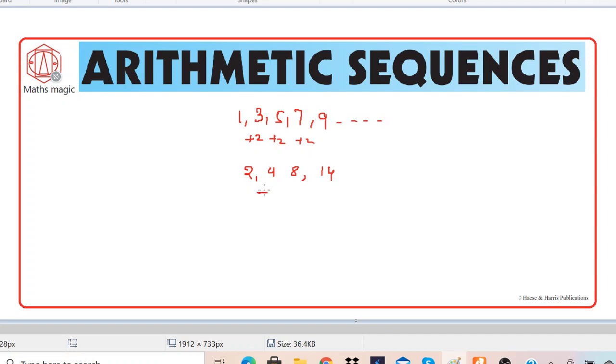The first number is increased by +2, then the second number is increased by +4, then the third number is increased by +6. So this is a pattern. There are different types of patterns, but over here we will focus on a specific pattern. It's called an arithmetic sequence.